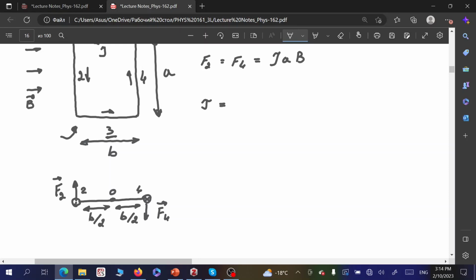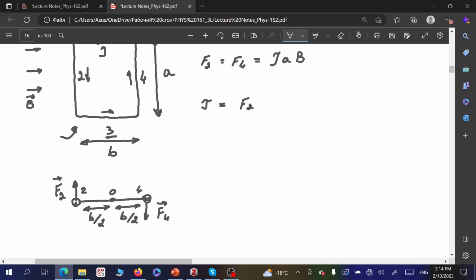By the distance between the point where force is exerted and the point about which we tend to rotate the system and want to determine the magnitude of torque. So in this case, we have the following. It will be the sum of two components.